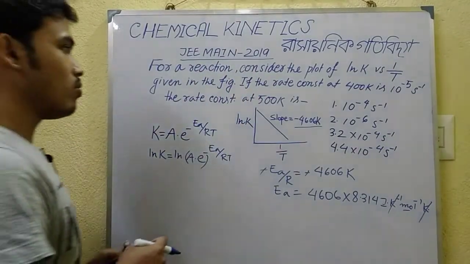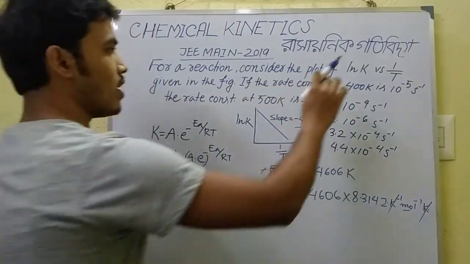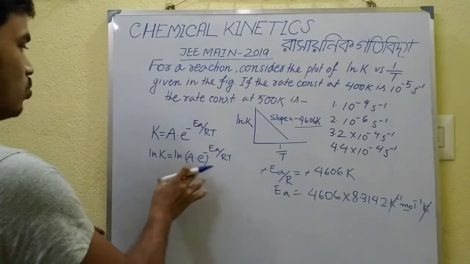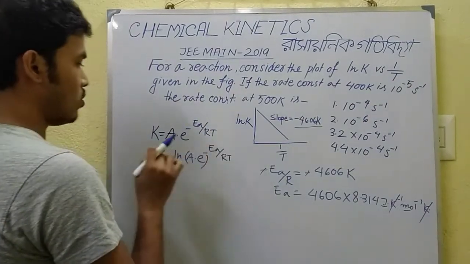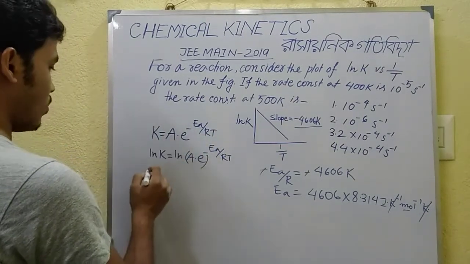Now we are asked the rate constant at 500 Kelvin, and 400 Kelvin is given here. So we take T1 and T2 and K1 and K2 for the different temperatures and rate constants.